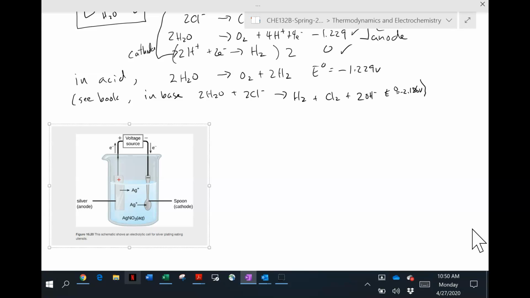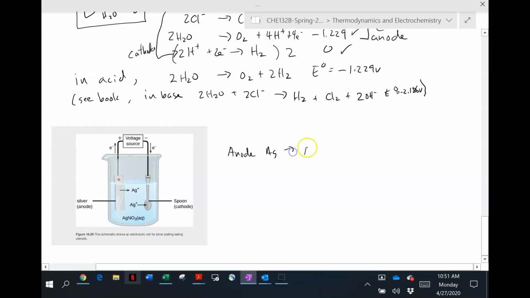What we have to do to make that happen, in the best of circumstances like this one, we have a standard potential of 0, right? Because what's going on at the anode is silver goes to silver plus 1 plus an electron. At the cathode, silver plus 1 plus an electron goes to silver.